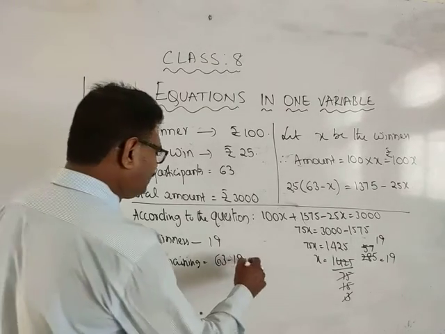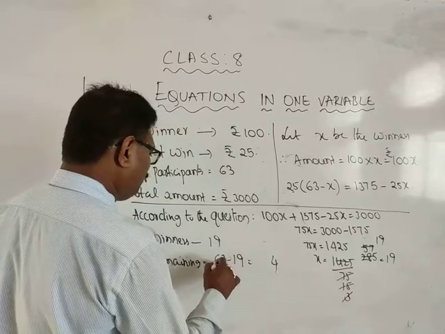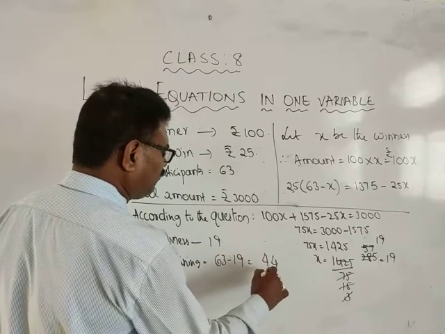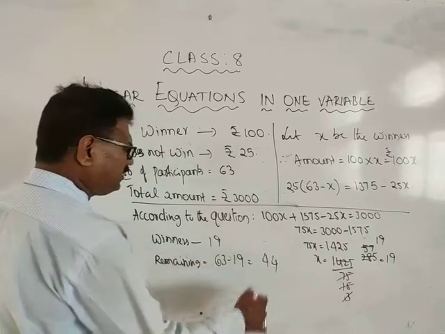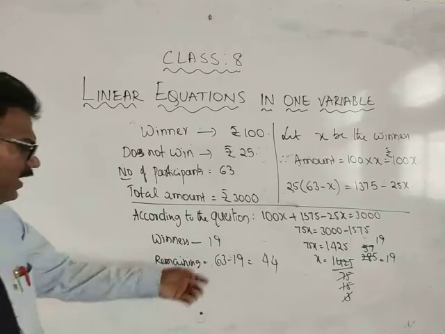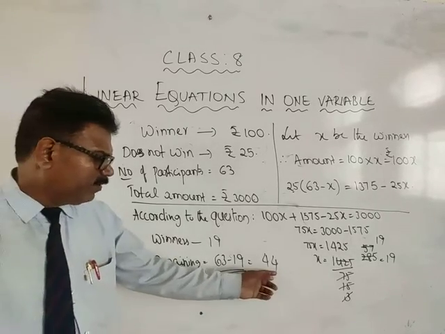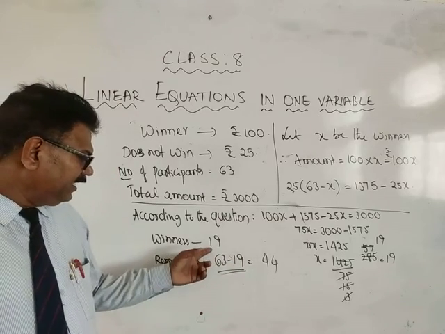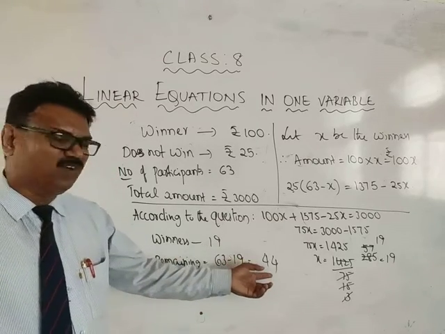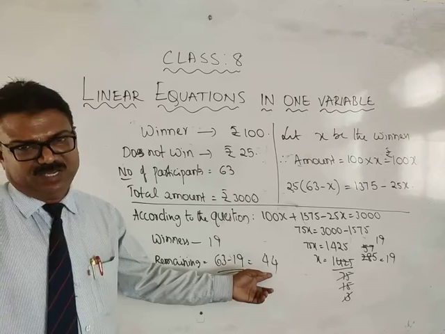So 13 minus 9 is 4, 5 minus 1 is 4, so 44. The total participants are 63. Therefore, who has only taken part? How many members? 63. 19 members are the winners and these 44 members are losers. Okay? Yes.